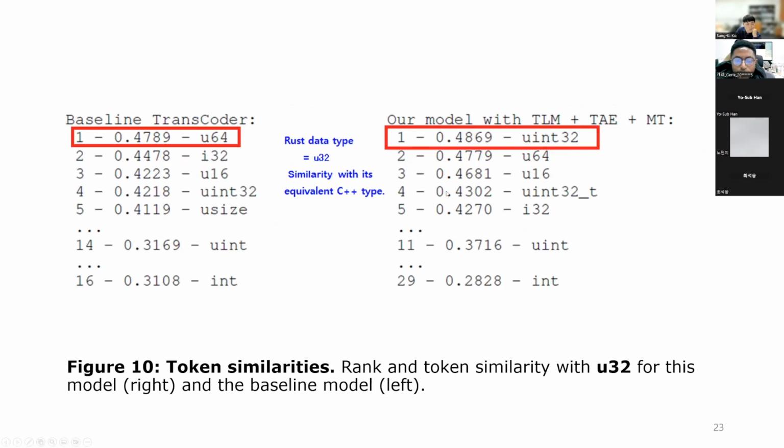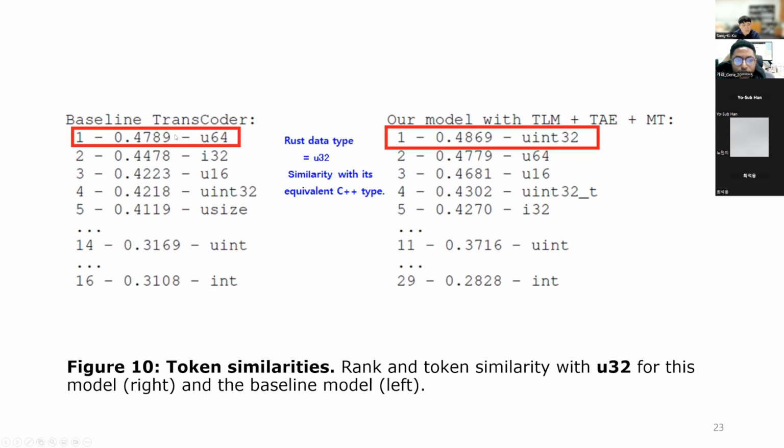The authors have also made some ranking of token similarities. Actually here, they take the ranking for the u32 data type of the Rust programming language. They rank its similarity with the equivalent C++ data type.